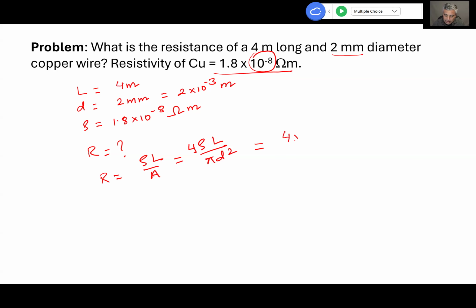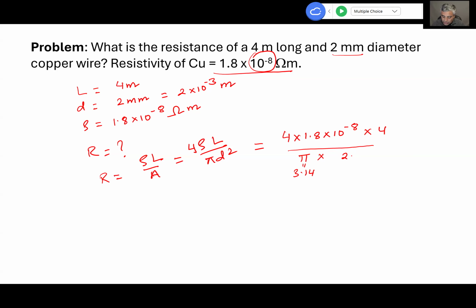So 4 times 1.8 times 10 to the power negative 8, and then length is 4 meter. And then pi on the bottom is in the calculator, so we don't need to write 3.14, but if we need, we can replace pi by 3.14.